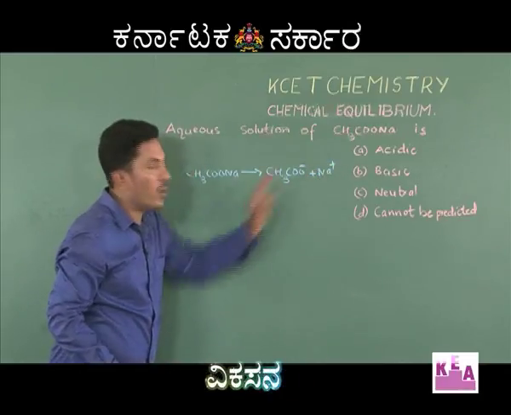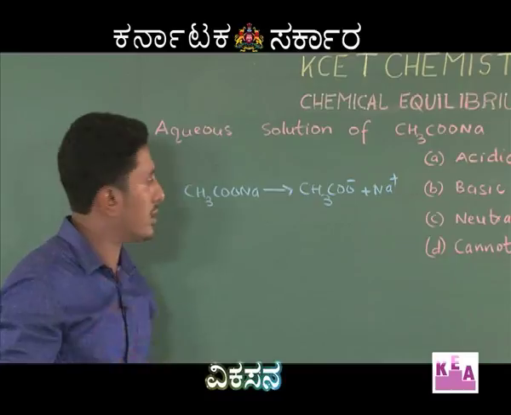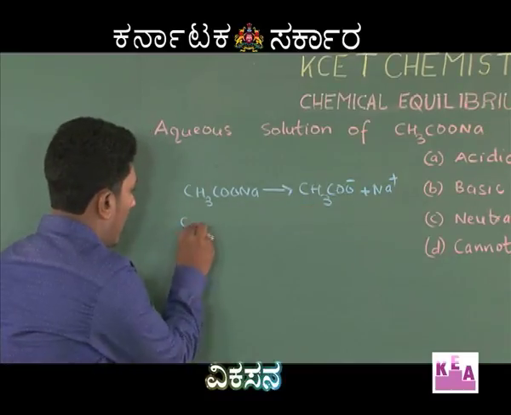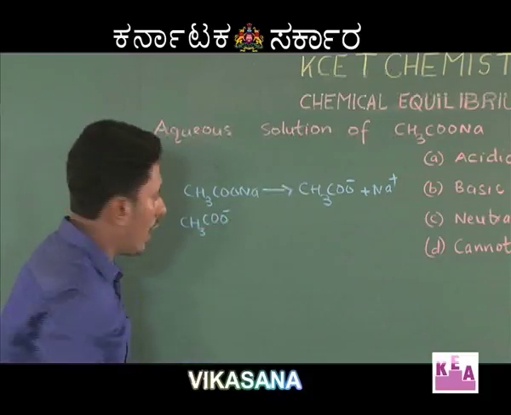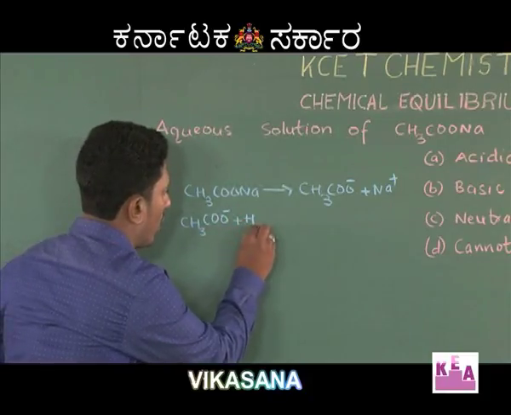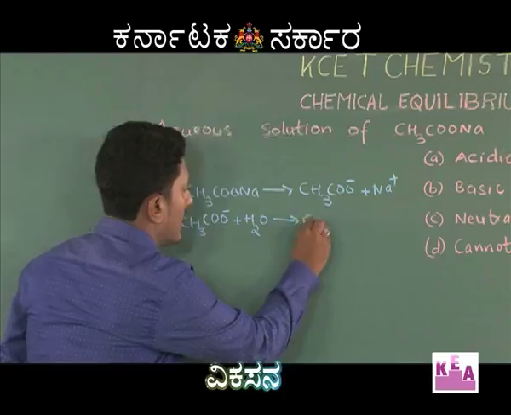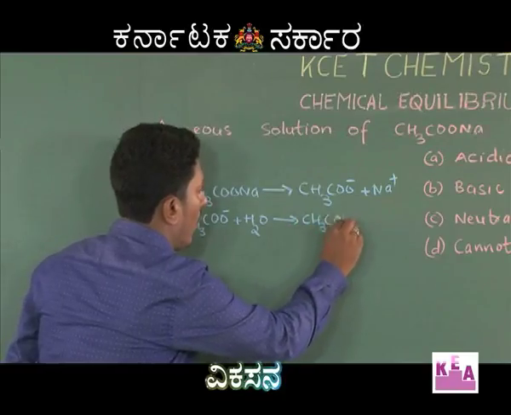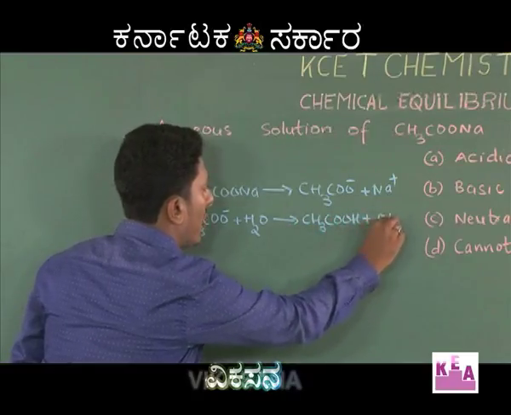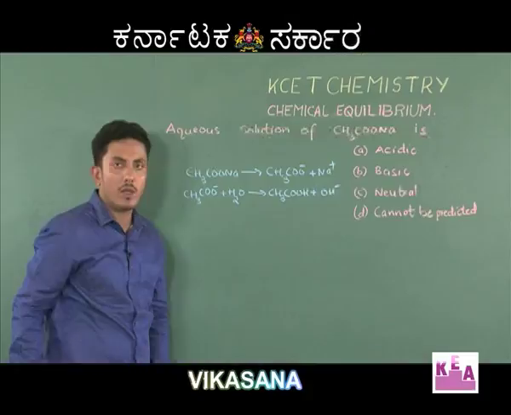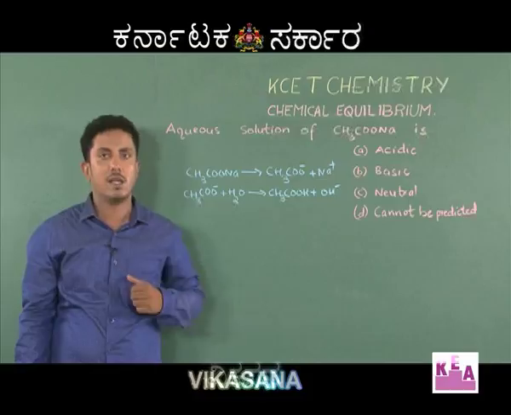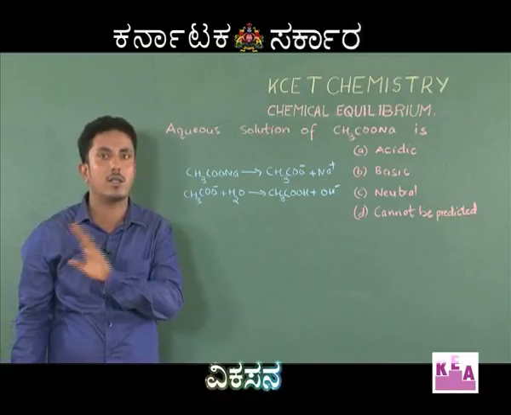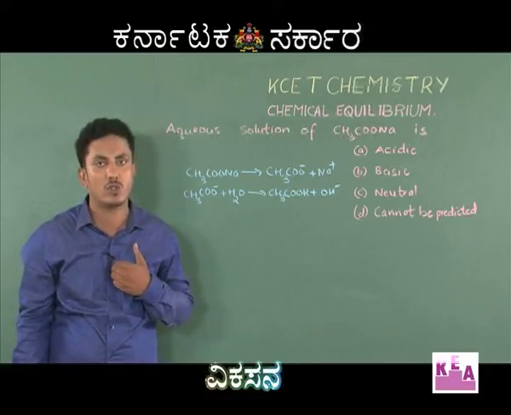The Na plus produced doesn't undergo hydrolysis, whereas the acetate ion produced, CH3COO minus, undergoes hydrolysis with water to form CH3COOH, and OH minus is produced in the solution. Students, you are aware that acetic acid is a weak acid, hence it undergoes a partial dissociation.